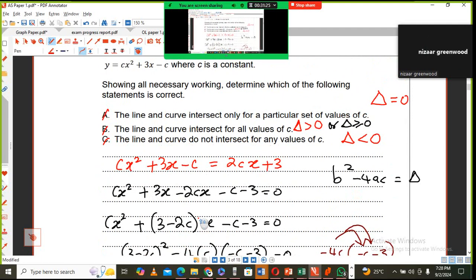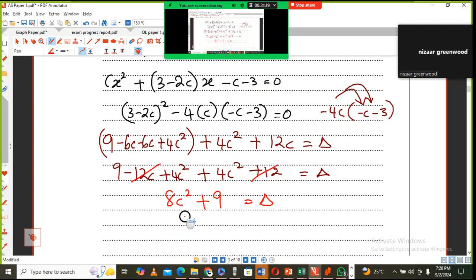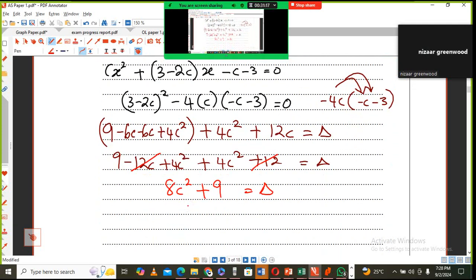Yes. So that means that the line and the curve will intersect for all values of c, because whatever the value of c is, it will be 8c squared plus 9. This will always be greater than 0. It will not equal 0. There's no way you can put a value of c and this thing will give you 0. That's why I then just said it is greater than 0.